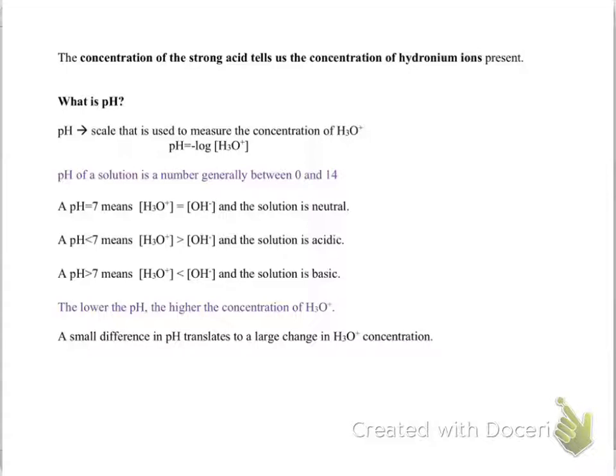Basically, the concentration of hydronium ion simply means the concentration of the strong acid. If you have a very strong acid, it means you have a high concentration of hydronium ions.